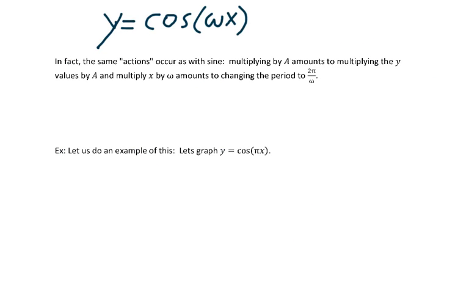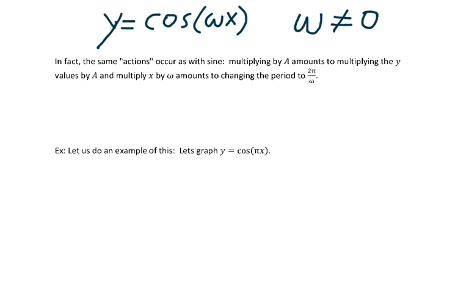And now what if we have cosine of omega times x, where, as in the previous screen, omega was not 0? What do you do then? Well, we treat it just like the way we treated sine of omega times x.